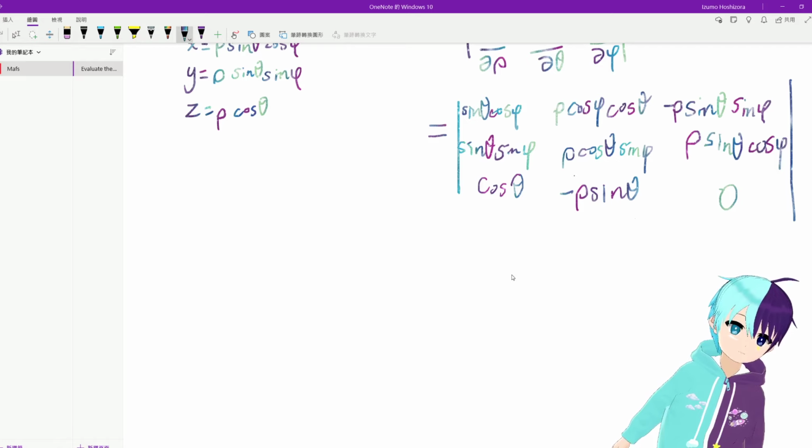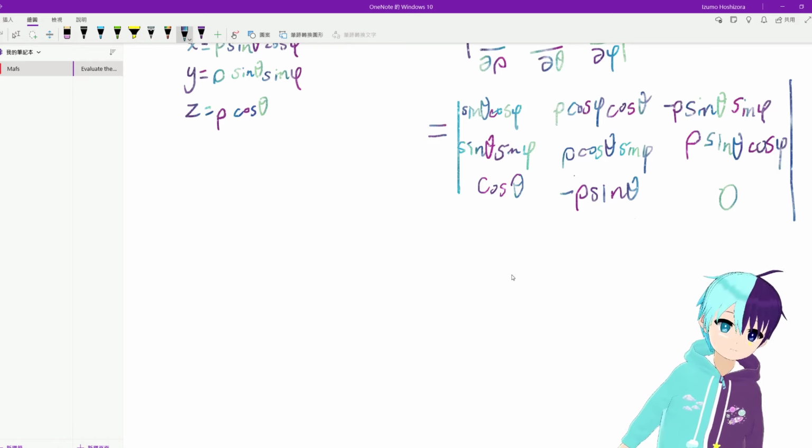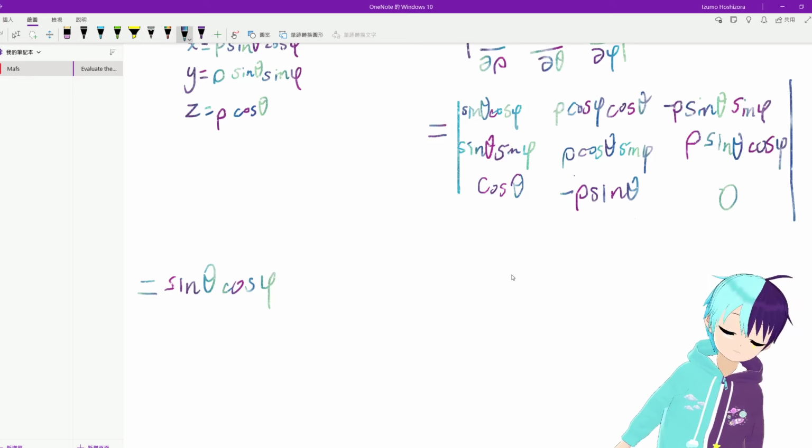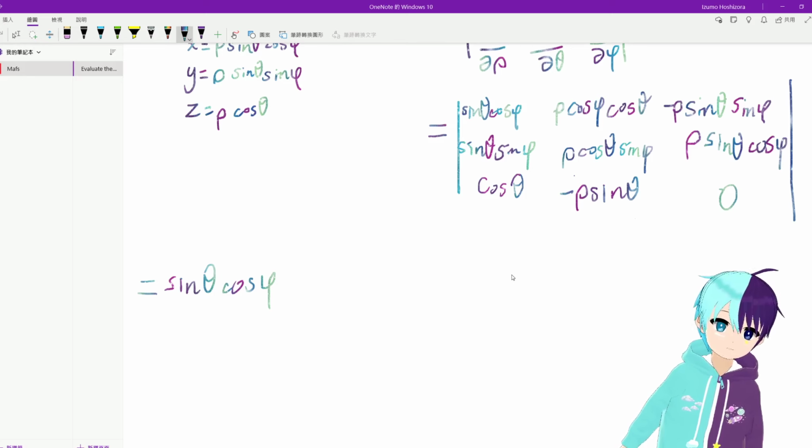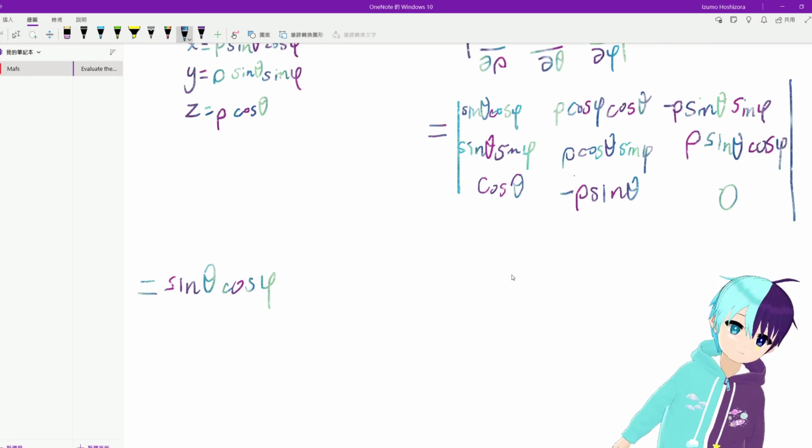And then we try to Laplace expand this, so it will be these four. So it will be sine theta cosine phi, and then the determinant of these four would be negative. The negative cancels out, so it will be rho squared sine squared theta cosine phi.